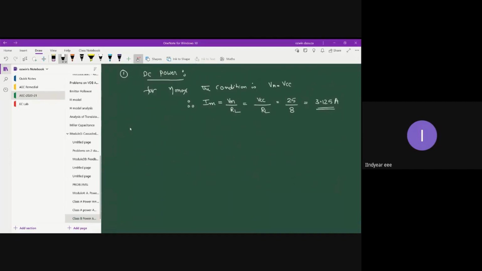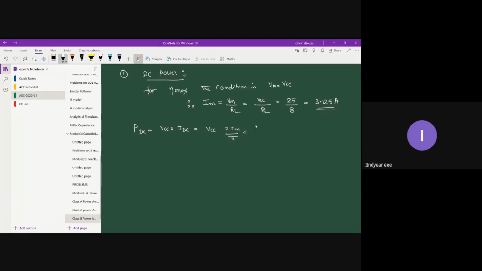So once Im is known, you can find out the DC power. So DC power, PDC is equal to VCC into IDC. IDC is 2 Im by pi, because the DC values of two collector currents are added to get IDC value, right? So that is 2 Im by pi.